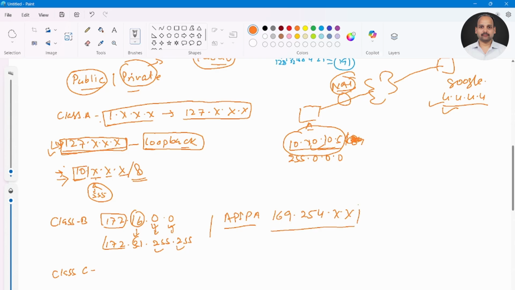This range is used for APIPA, and the other range is used for private. And from class C, one range was excluded, that is 192.168.x.x. This is the private address. So the rest of all the IP addresses are called public addresses.